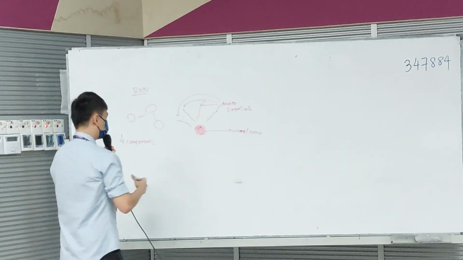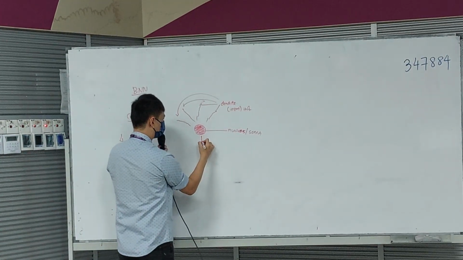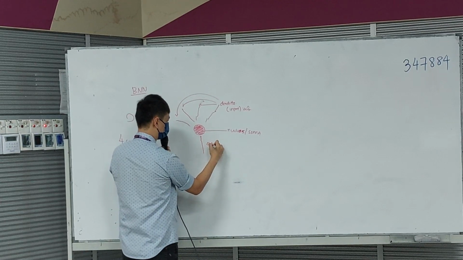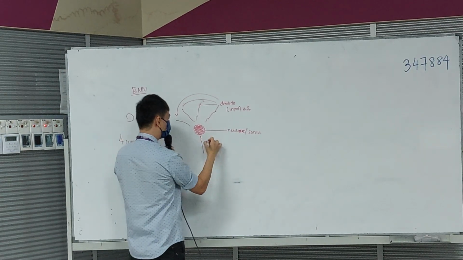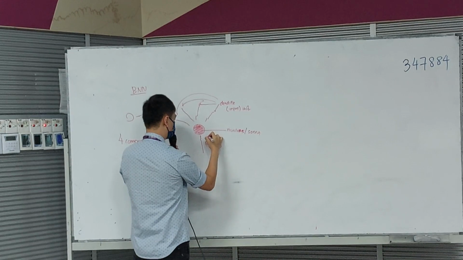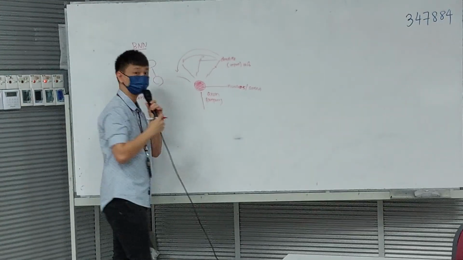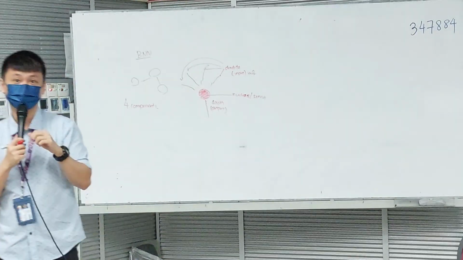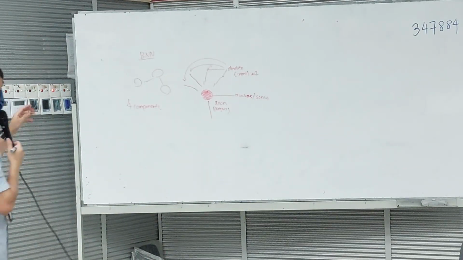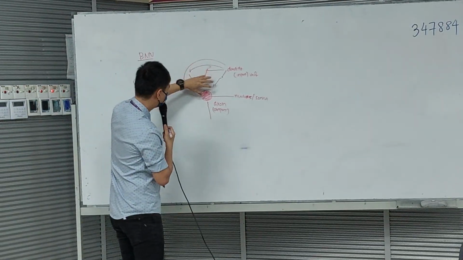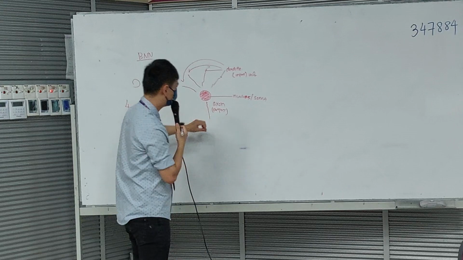Okay, so after we process the input, we will generate output. In a BNN, the output we call the axon. It's not acorn, it's AXON, axon. So the information is processed through the nucleus and generates this output.